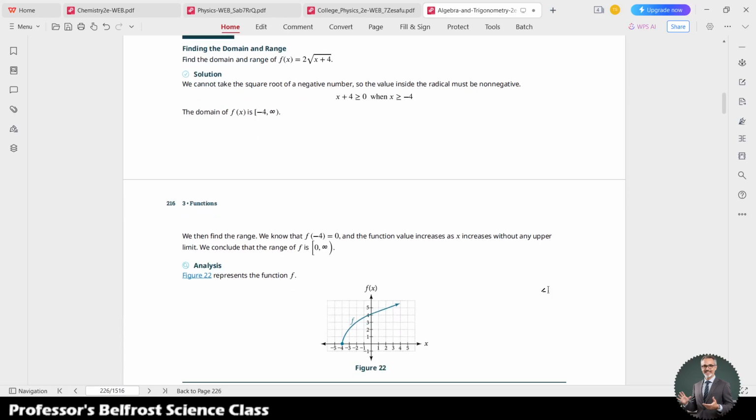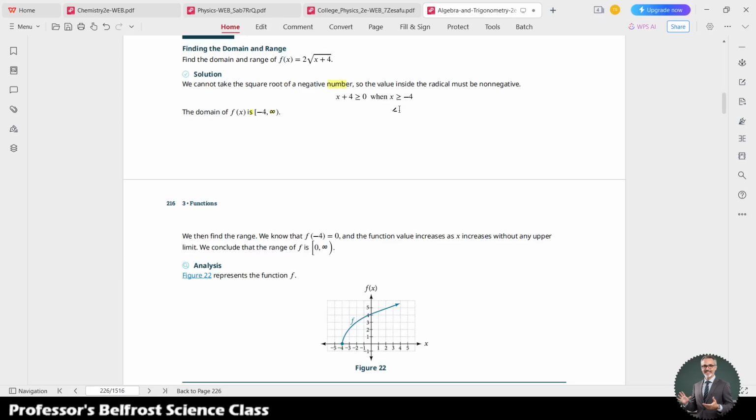The next example: find the domain and range of f(x) equals 2 times the square root of x plus 4. We again cannot take the square root of a negative number, so x plus 4 must be greater than or equal to 0. This is the one that is presented in this book. So x is greater than or equal to minus 4. So the domain of f(x) is, you see, the beginning is a bracket, but the closing is a parenthesis.